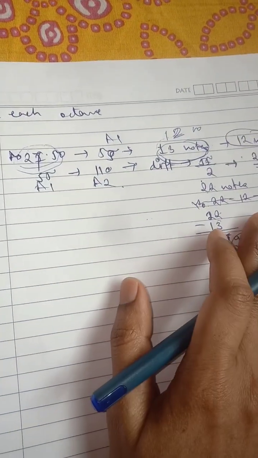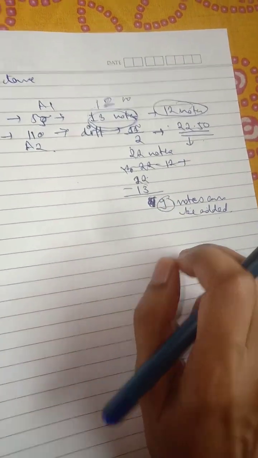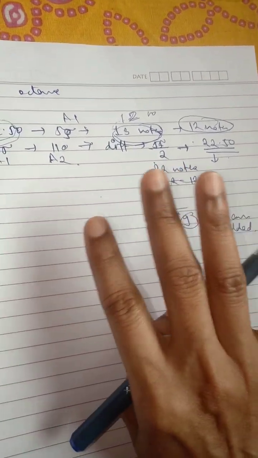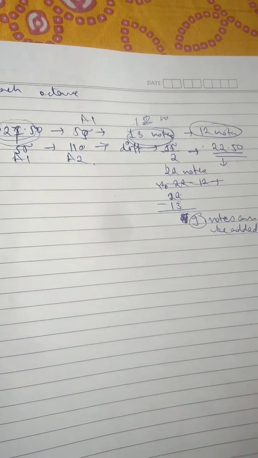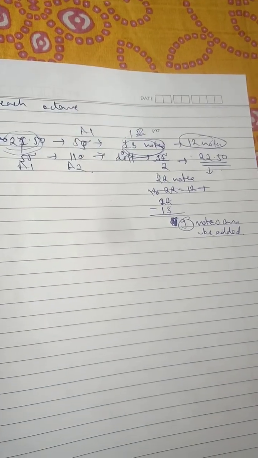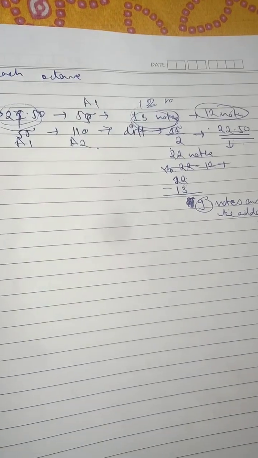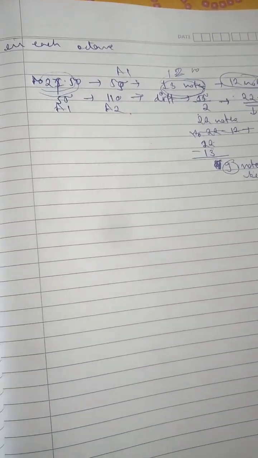I just want to simplify it here: in each octave you can add notes, but playing the instruments with the fingers is going to be very difficult. It is going to add so many musical notes, and until we reach the pitch difference that we can hear, the instrument will be very, very, very long.